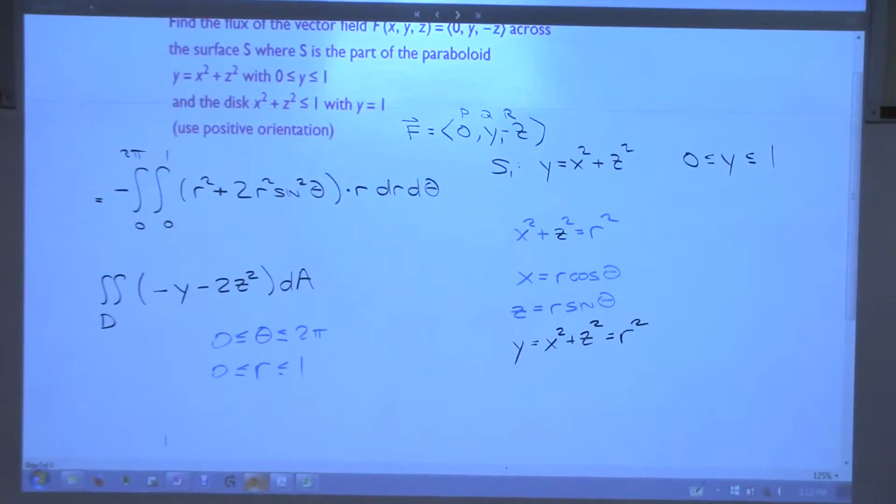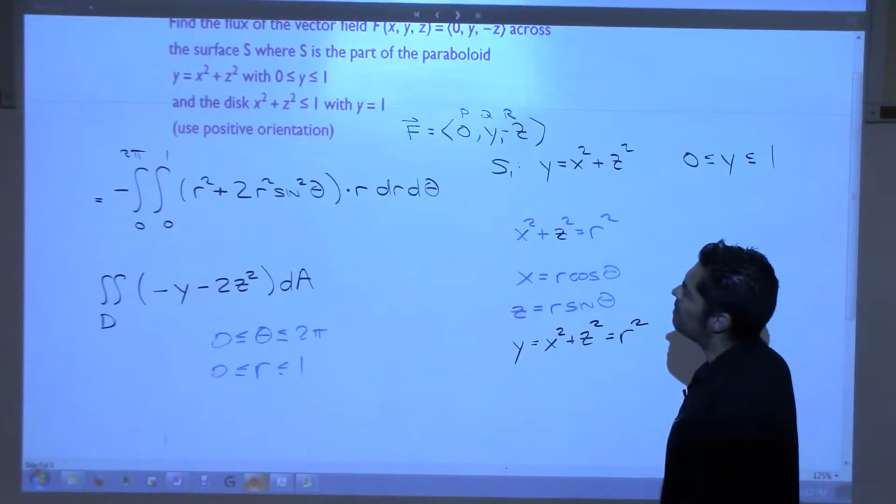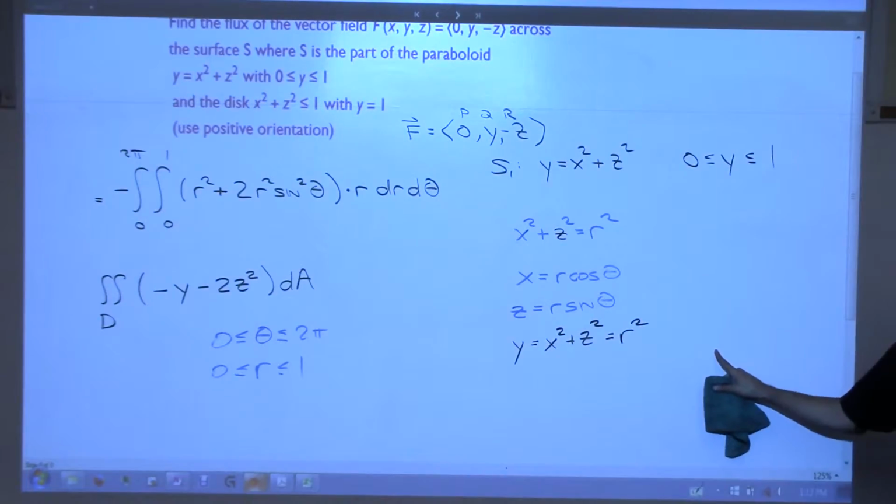Is that okay? Question? No, we were saying that if it's a special case, do you not do the square root of 1 plus the partial? We did this special case earlier. I think you might be confusing it with surface area. Oh yeah.